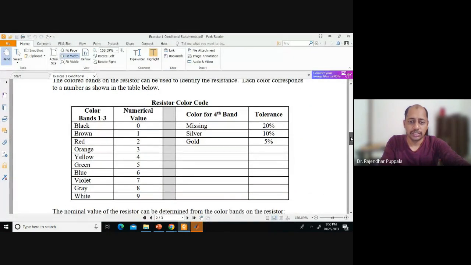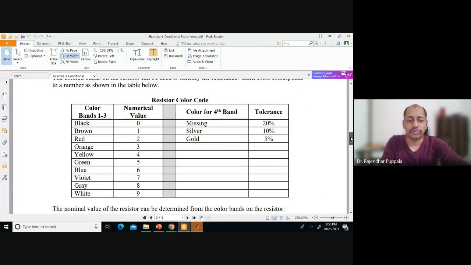This is the resistance values from band 1, 2, 3. Every color is specified with some number. So I'm writing.